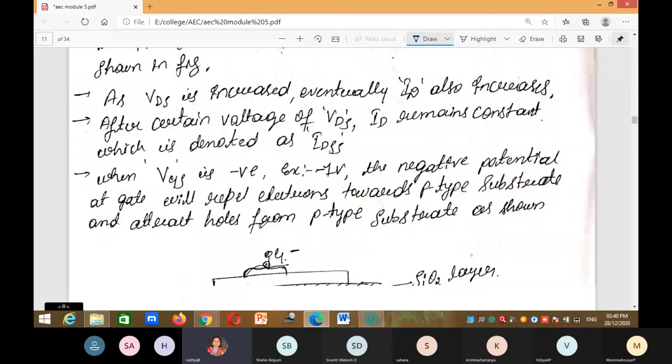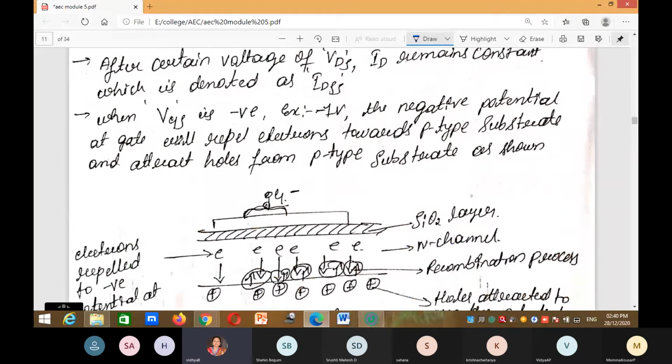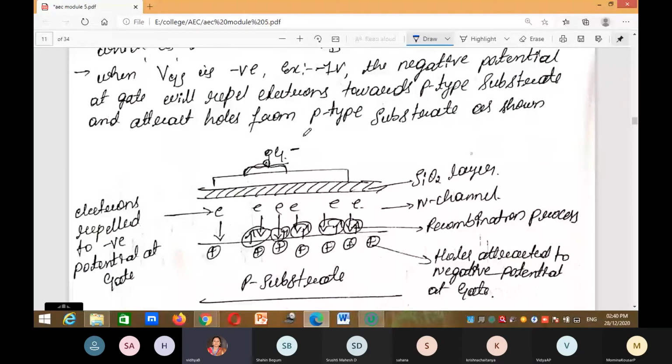The negative potential at gate will repel electrons towards the p-type substrate and attract holes from the p-type substrate.